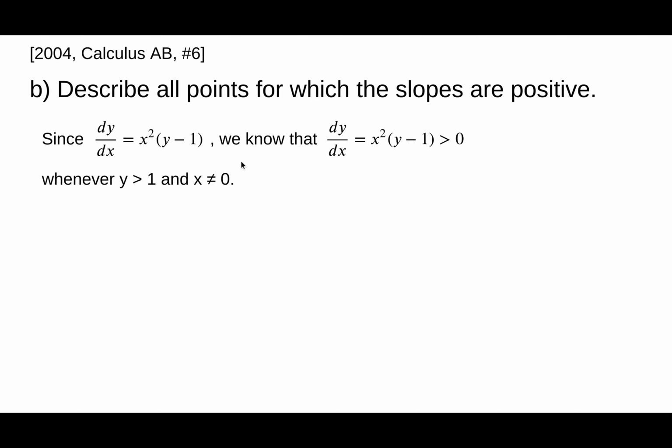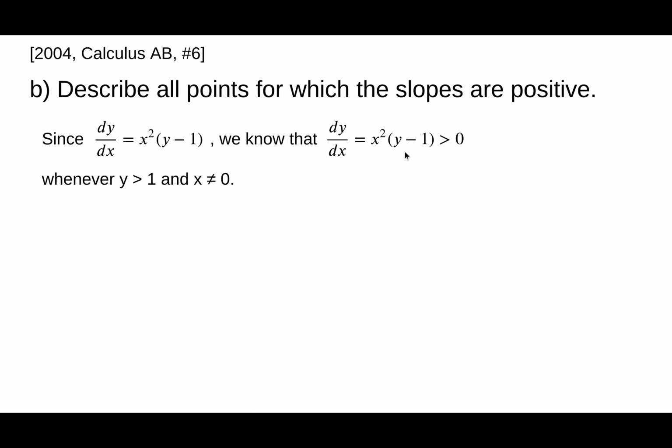So one of the requirements in order for the slopes to be positive is that x cannot be 0. All right, so let's assume that it's not 0. Will it make a difference if x is positive or negative? No, because we're just going to square away the sign anyway. So as long as x is not 0, the x squared factor will always be positive.